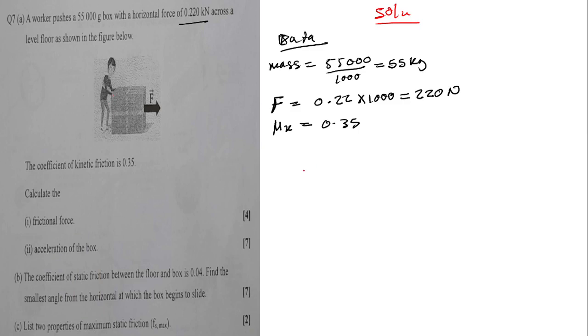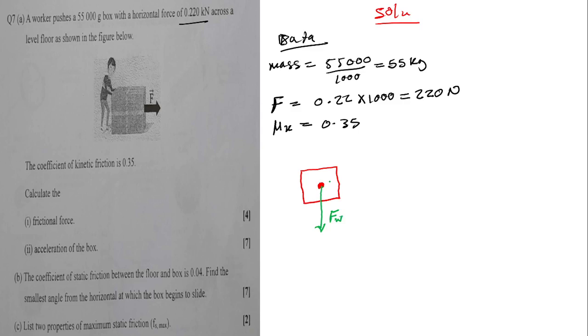If this is the center of mass of this box, the forces acting on it are, first, the downward force, Fw, which is the weight.